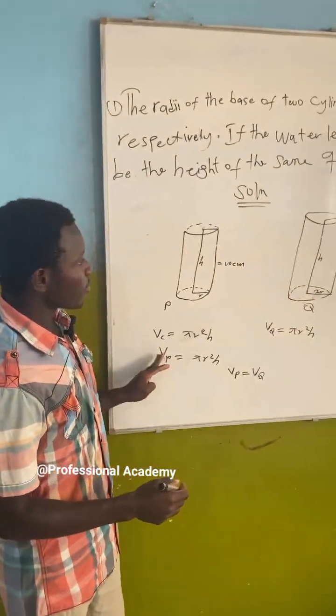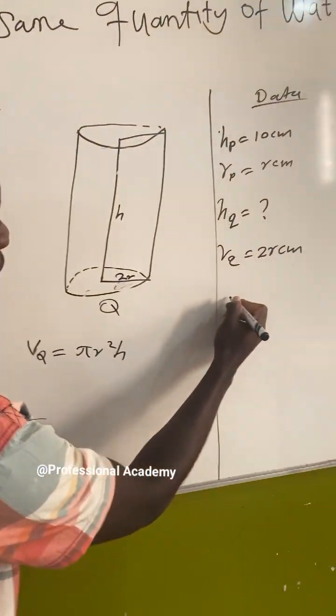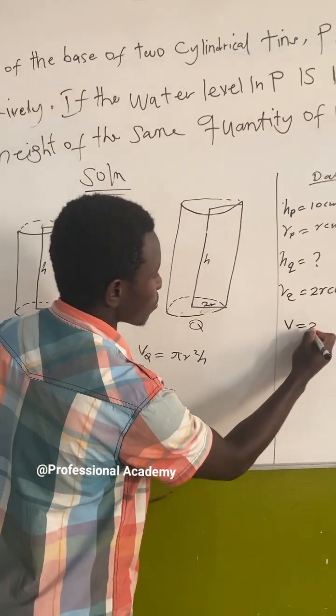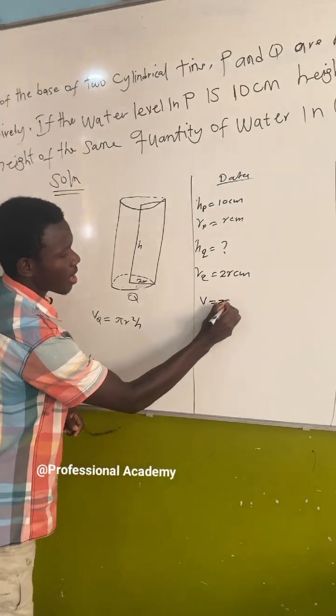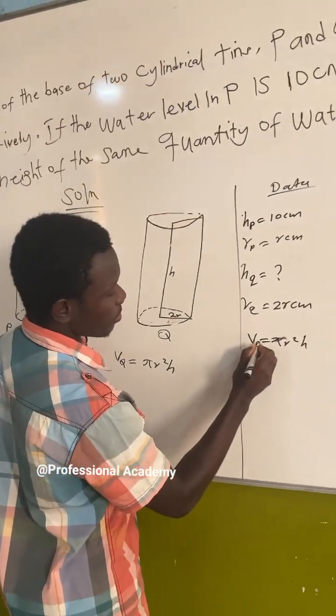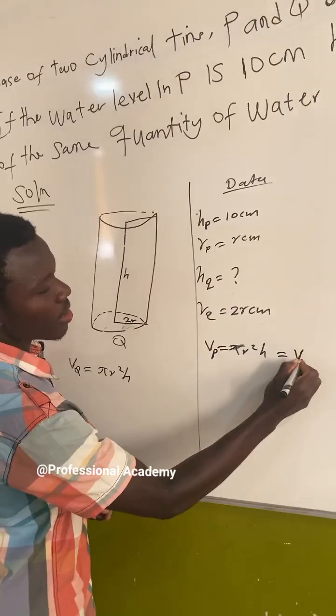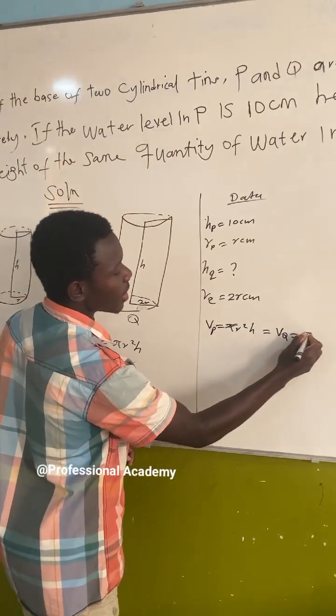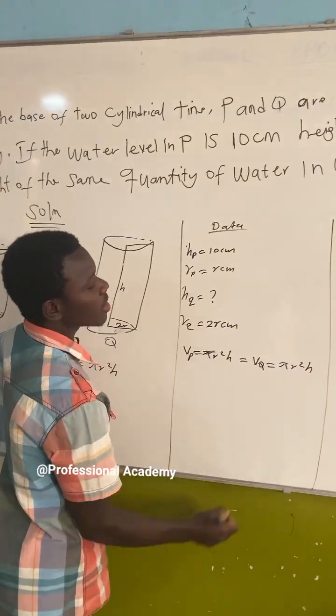Let's put the values and see what we will have here. The volume of P, V, is equal to pi r square h for P, which equals the V of Q, pi r square h.